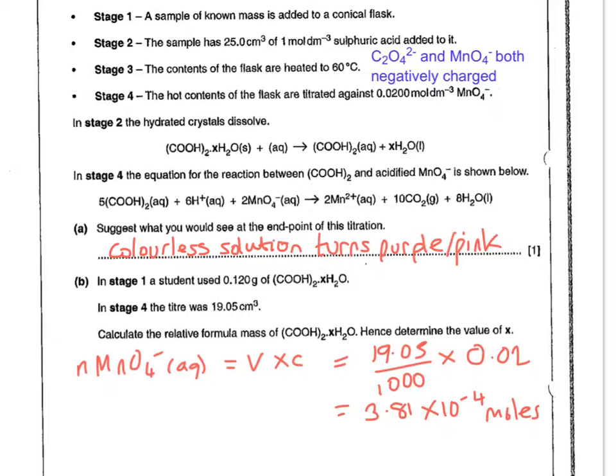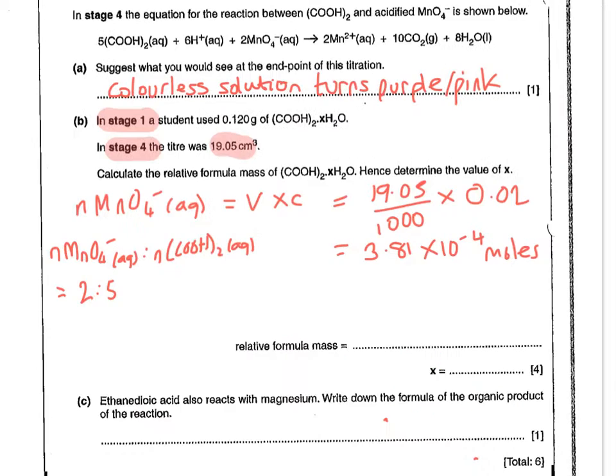So that means I use 19.05 and 0.02, both of which I've now highlighted from different places in the question. And if you look closely, the question itself actually told you where to look to get the data. So 3.81 times 10 to the minus 4 moles is what I have.